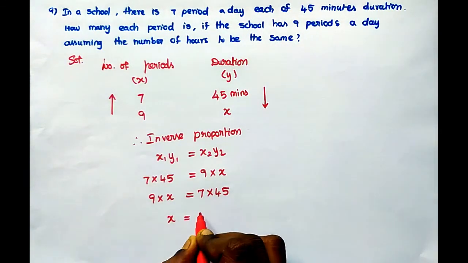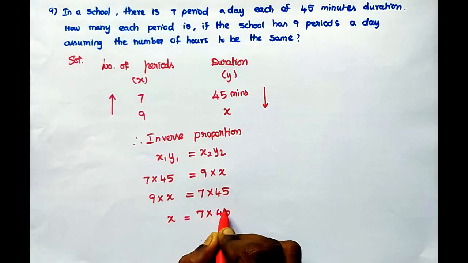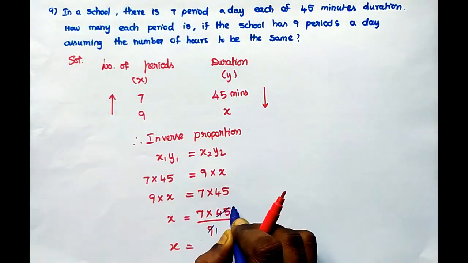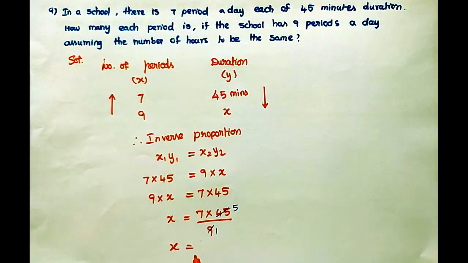So x equal to 7 into 45 divided by 9. Here cancel means 1 9 is 9, 5 9s are 45. So 7 5s are 35 minutes. So each period duration is 35 minutes.